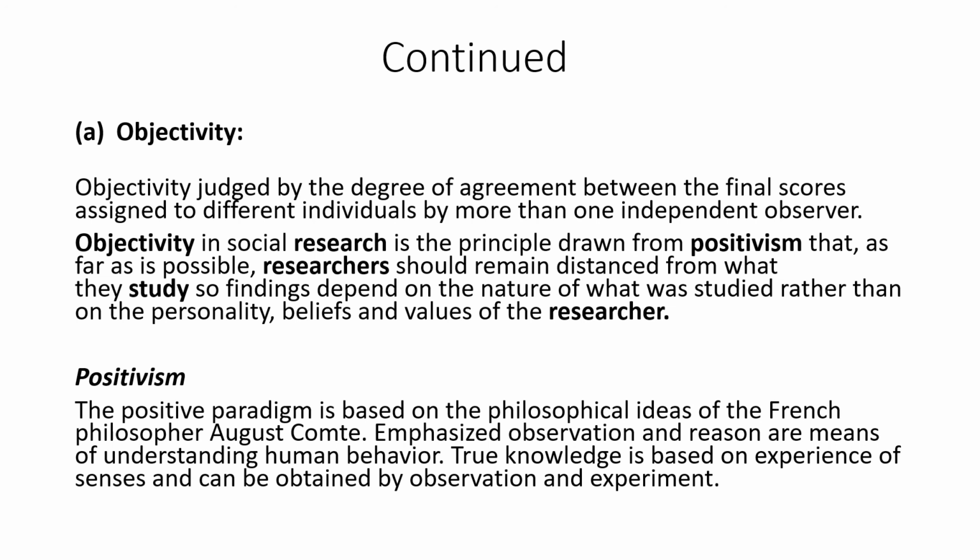So there must be agreement between the scores given by the researcher and the scores given by other persons. There must be matching, or there must not be too much difference. Objectivity in social research is the principle drawn from positivism, that as far as possible, researchers should remain distanced from what they study, so findings depend on the nature of what was studied rather than on the personality, beliefs, and values of the researcher.